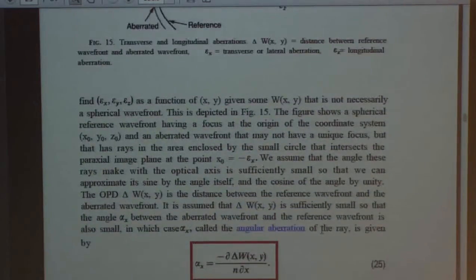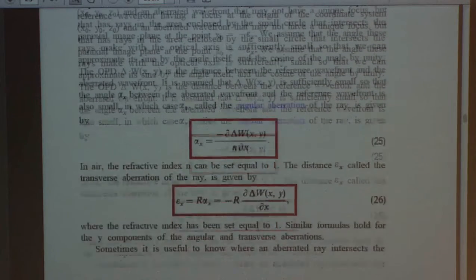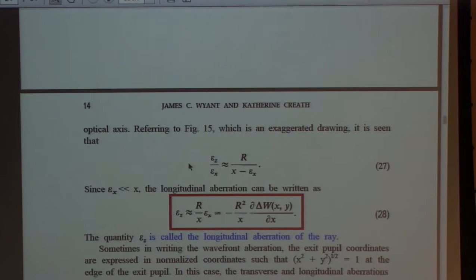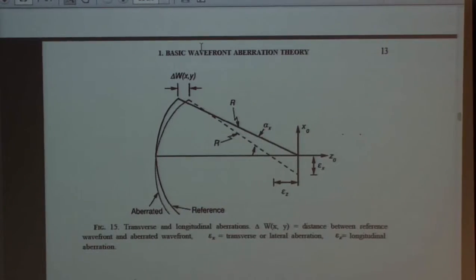So for this beam, I want to determine now what epsilon sub z is. So I look at these similar triangles here. Shame I can't see both at the same time. But we have then epsilon sub z over epsilon sub x is about equal to r over x minus epsilon sub x from our drawing there.